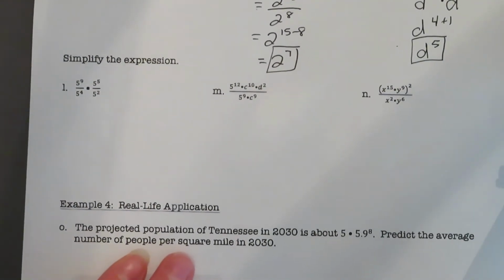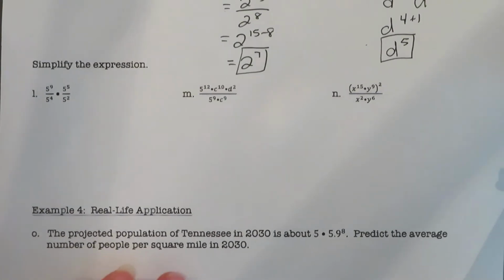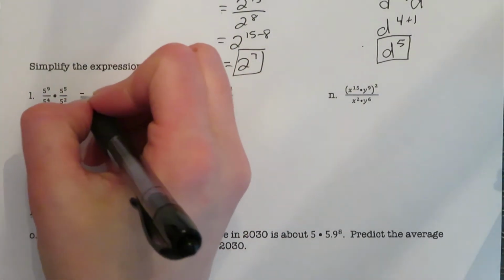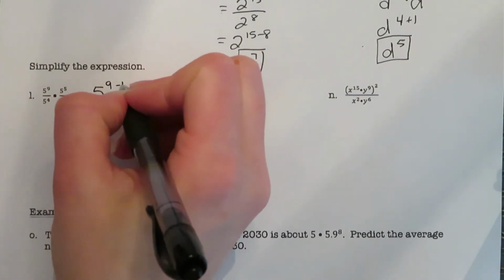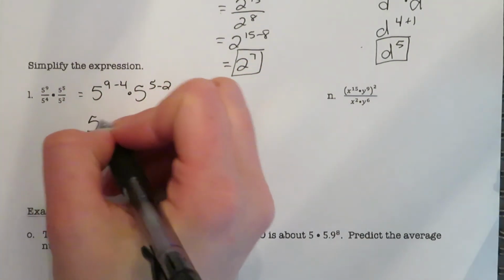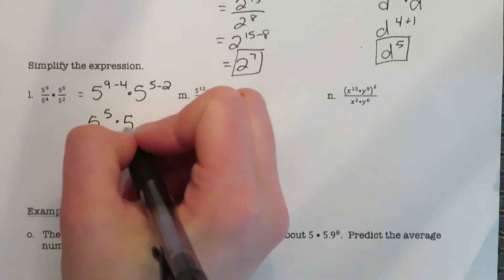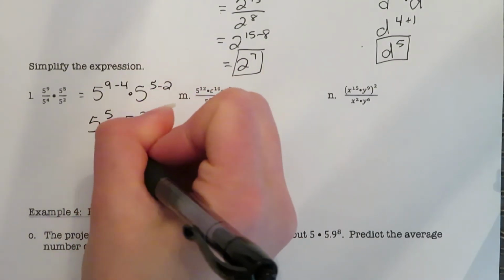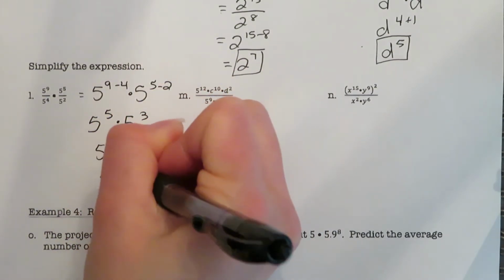All right, simplify the expression. 5 to the 9th minus 4 times 5 to the 5th minus 2. That's 5 to the 5th times 5 to the 3rd. I'm going to add the exponents, so that's 5 to the 8th power.